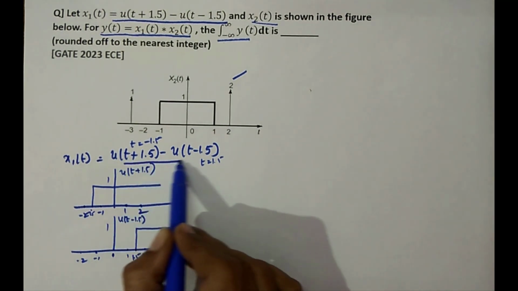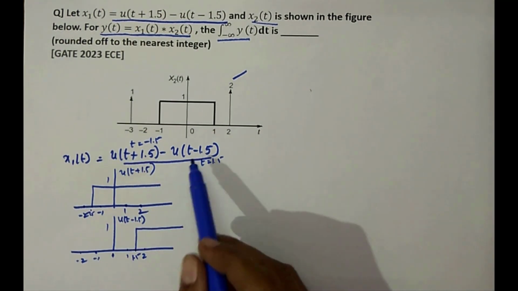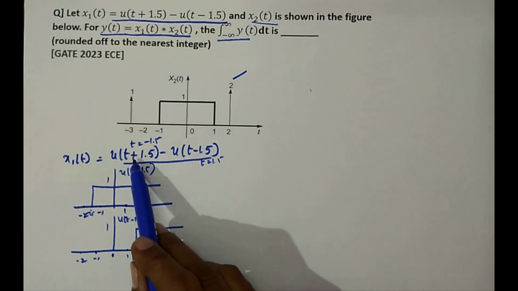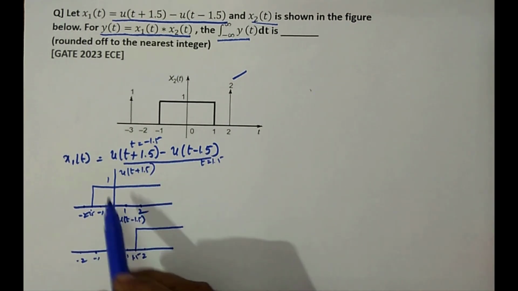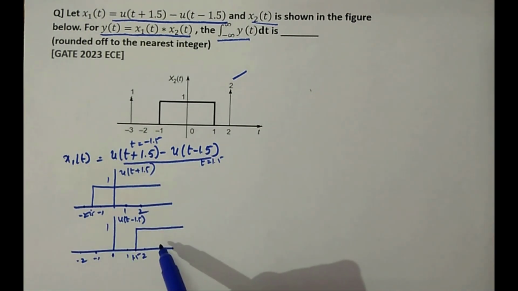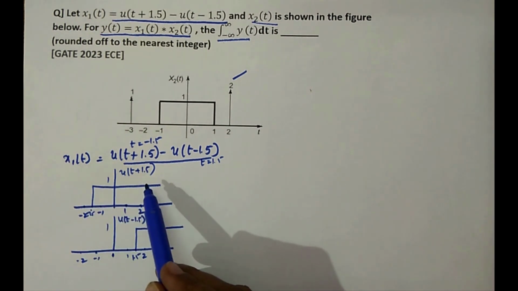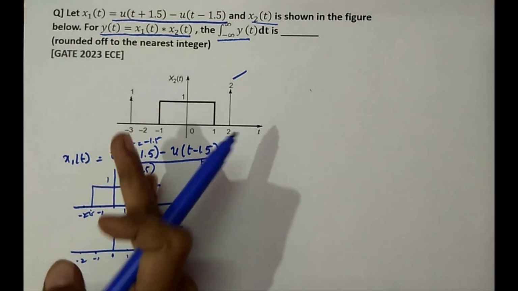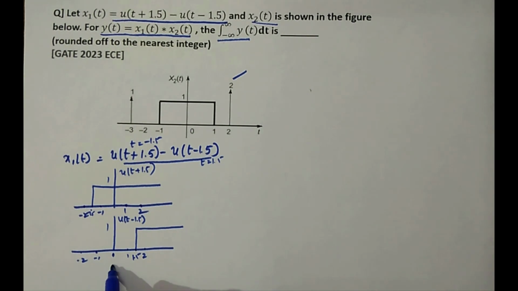Now we will draw the signal. You have to subtract this u of t minus 1.5 from u of t plus 1.5. So this is u of t minus 1.5 and this is u of t plus 1.5. If you shift this and subtract the remaining part, the output is like this.